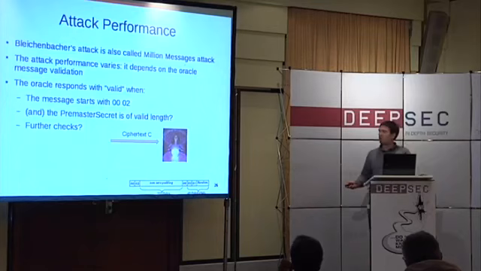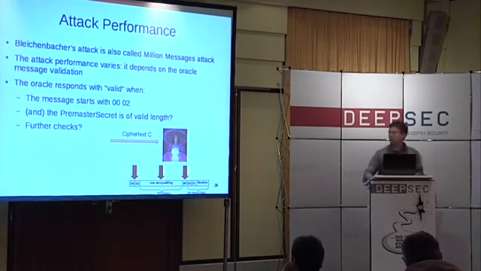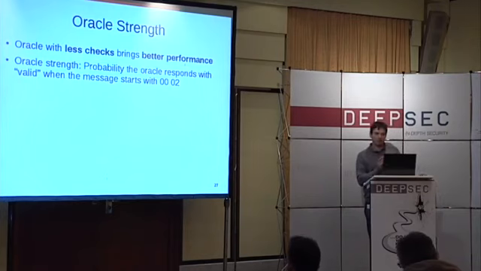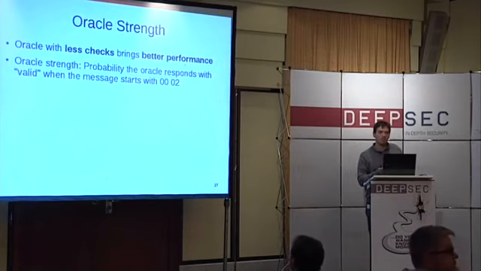It can, for example, validate if the message starts with 0002. This would be perfect. But maybe it accepts messages with non-zero padding, or maybe it checks for some 00 in the middle. What you need to know for now is that an Oracle with fewer checks brings better performance.